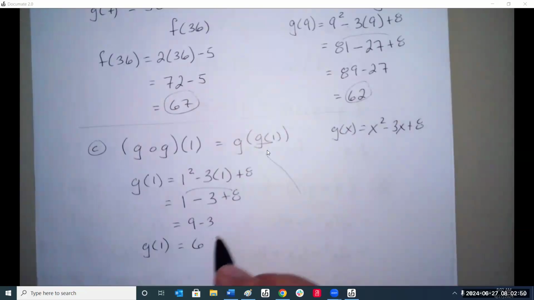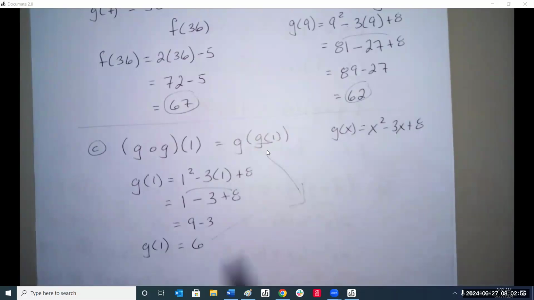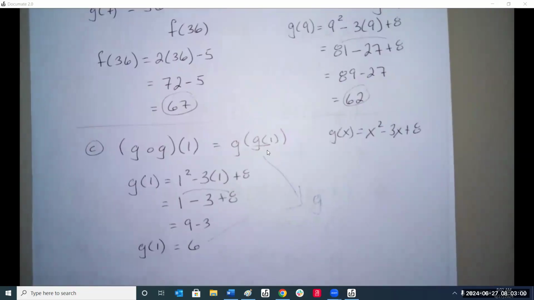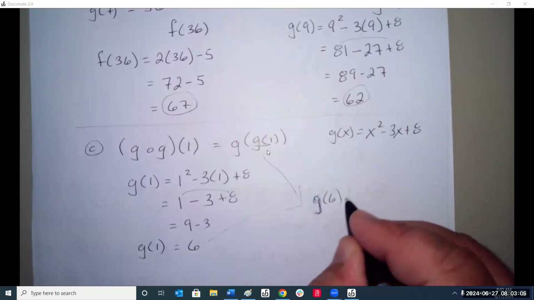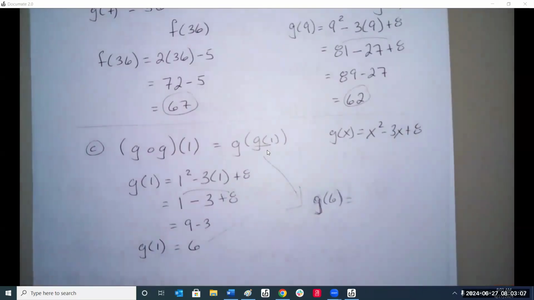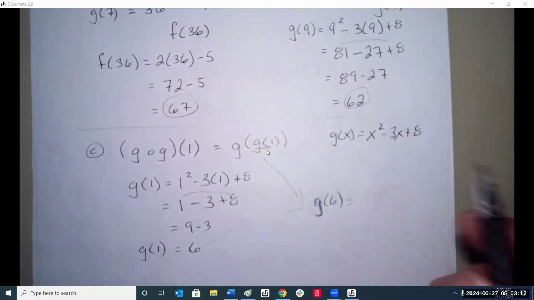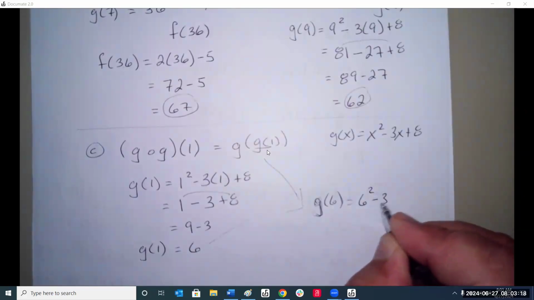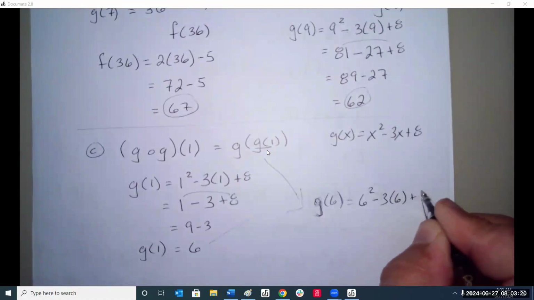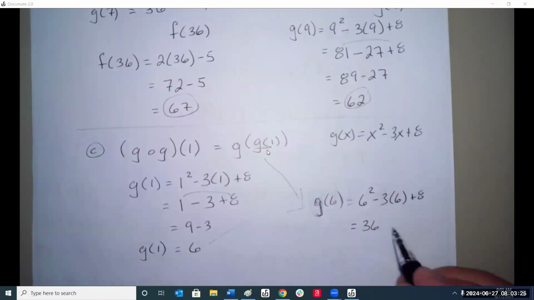So now we combine these two. We know inside here, g of 1 is 6. So we have g of 6. Anywhere we see an x inside our equation, we put a 6. 6 squared minus 3 times 6 plus 8. 6 squared is 36.